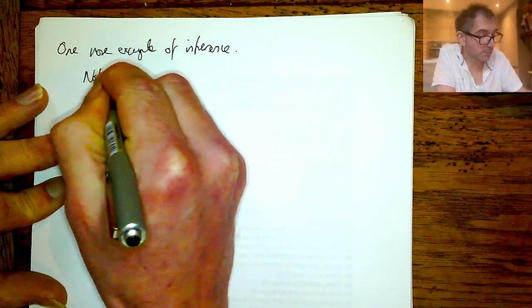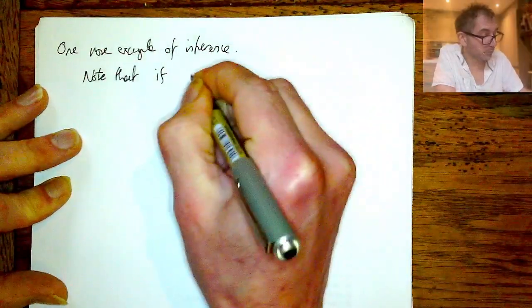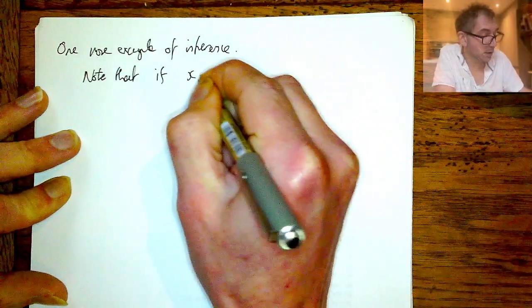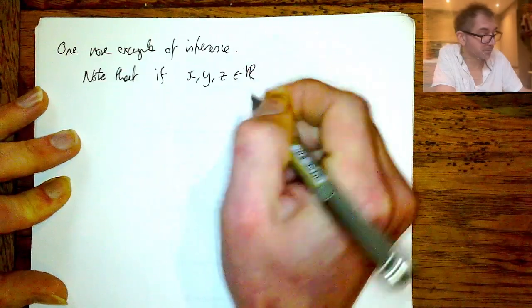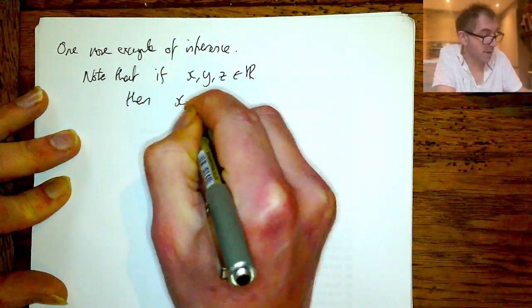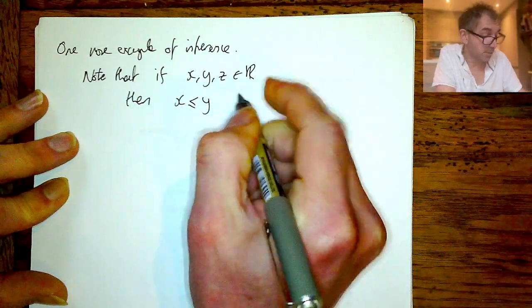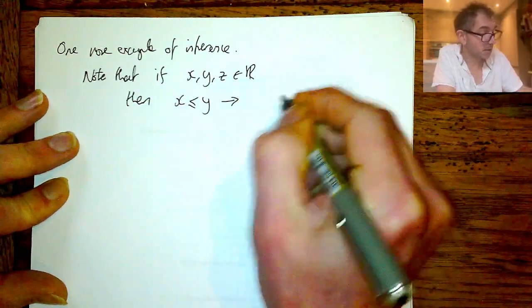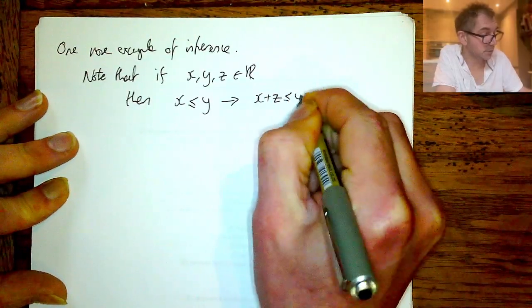Note that in the real numbers, if x, y, z are real numbers, then x is less than or equal to y implies that x plus z is less than or equal to y plus z.